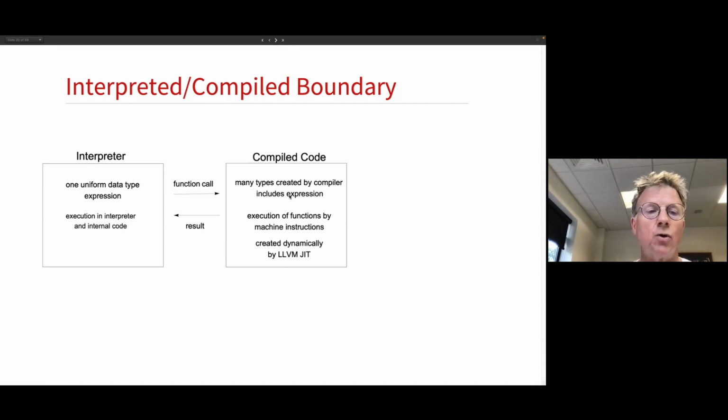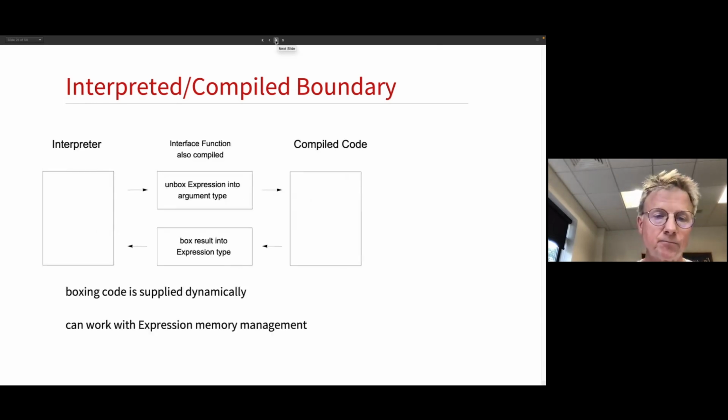We make a function call to compiled code where there are lots of types: integers, reals, booleans, strings, functions, all sorts of things. The code executes here by native machine instructions that have been generated by LLVM. Then a result comes back to the interpreter, where execution is by this evaluator.